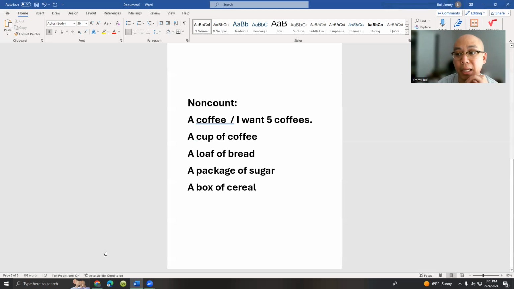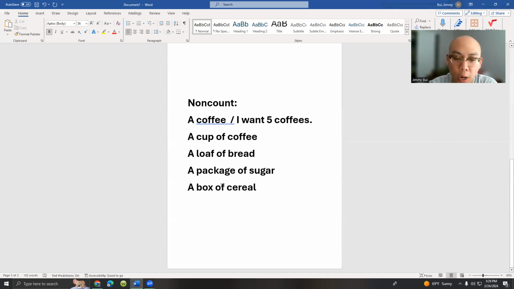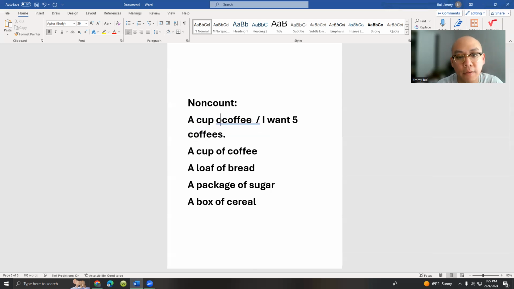And there are many units of measurement that expands, and I could give several different examples, and I will do so in a future video. But for now, these are countable. So a cup, a loaf, a package, a box, these are countable units, and we use these so that we can weigh the non-count portion. Okay, so when we say a coffee, it is implied, a cup of coffee.